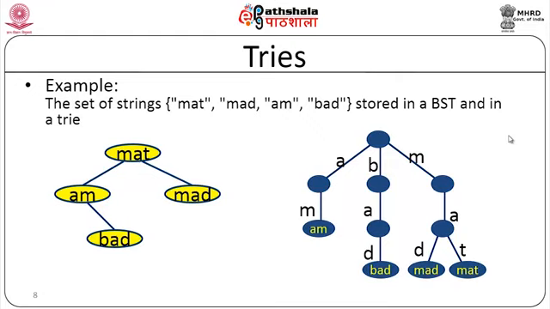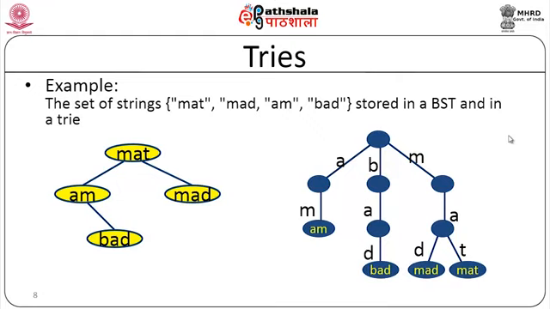Now, instead of a binary search tree, let us look at this as a trie. What we have is the root node, and with the root node you associate the alphabets that come here. There are 3 starting prefixes: A, B and M. So you put A, B, M, and note that they are in alphabetic order.